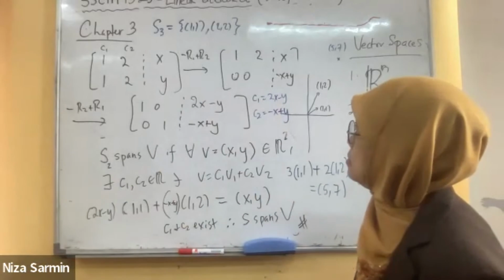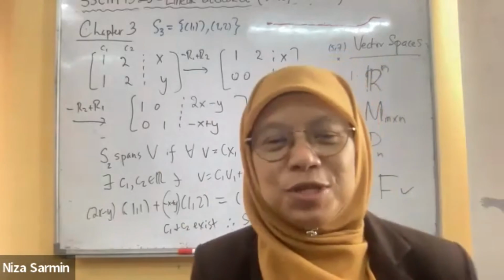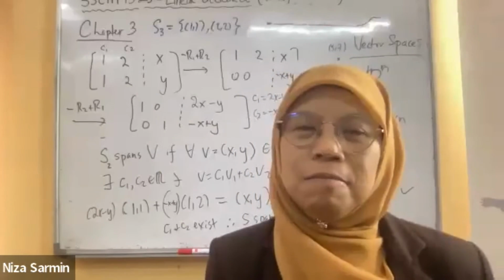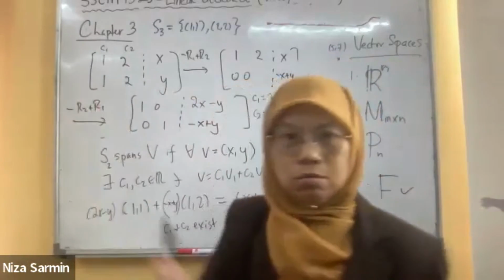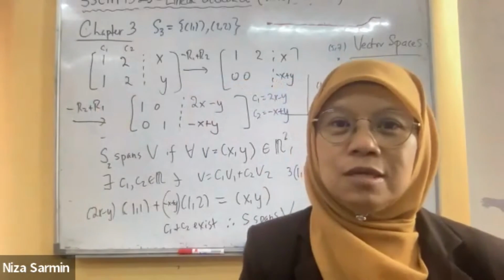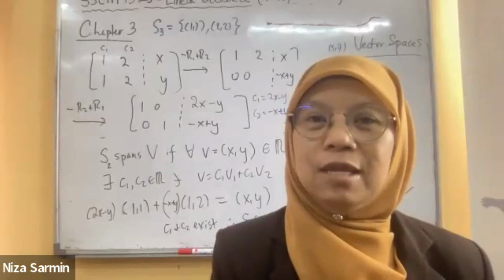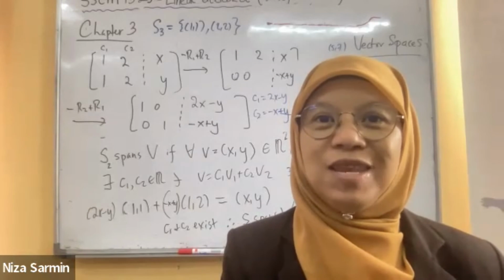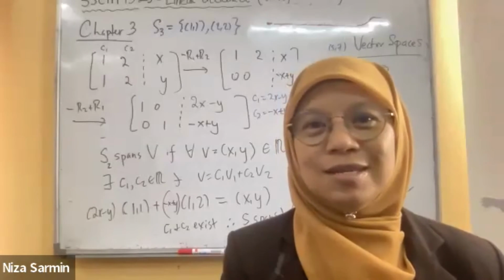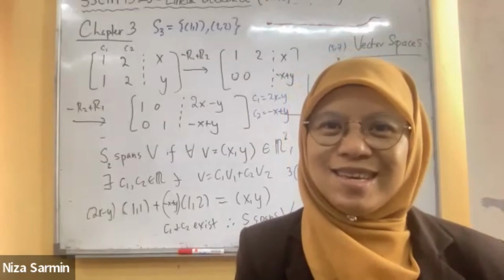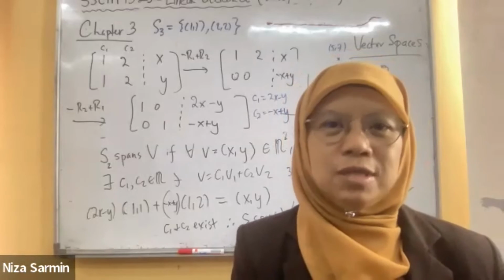But it's dangerous to use determinant. Because if you find the determinant is 0, the determinant is 0 can mean there is infinitely many solutions. Infinitely many solution is there is a solution. So it's very dangerous to use determinant.